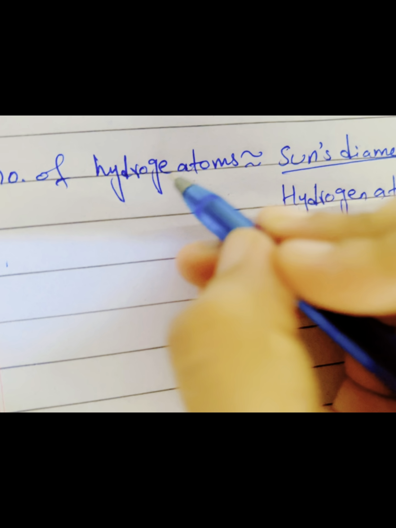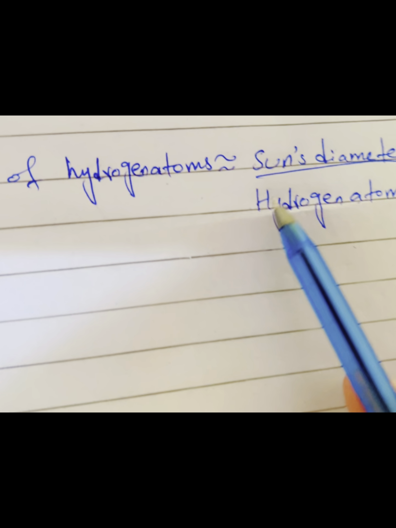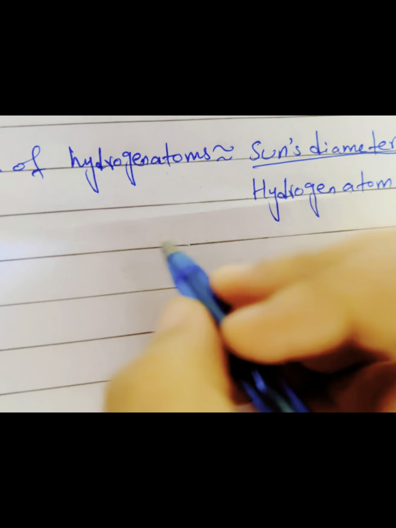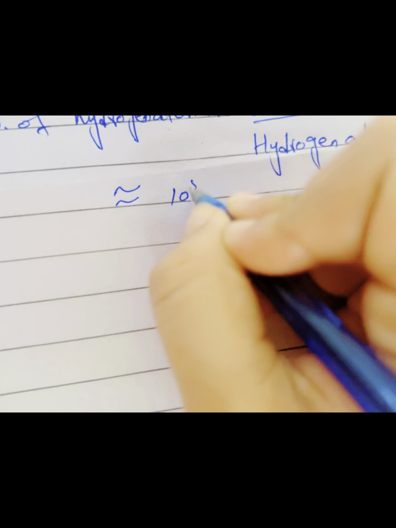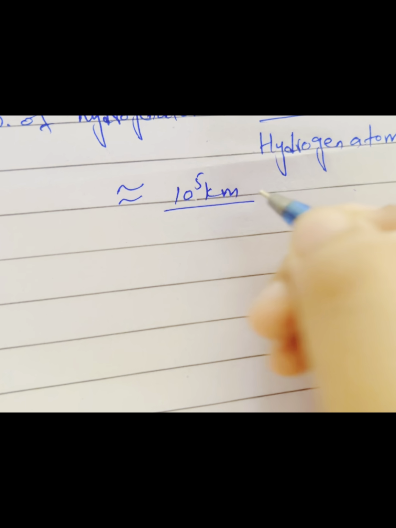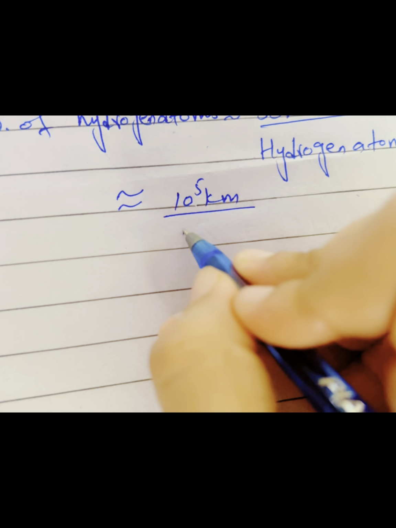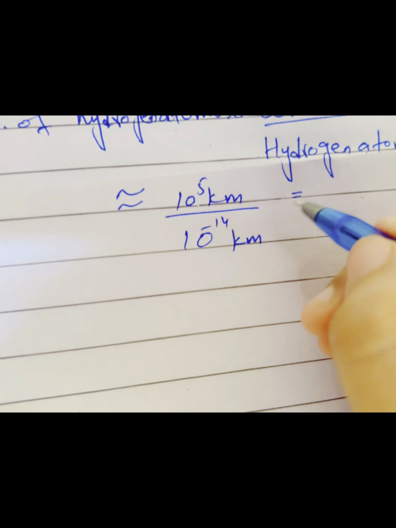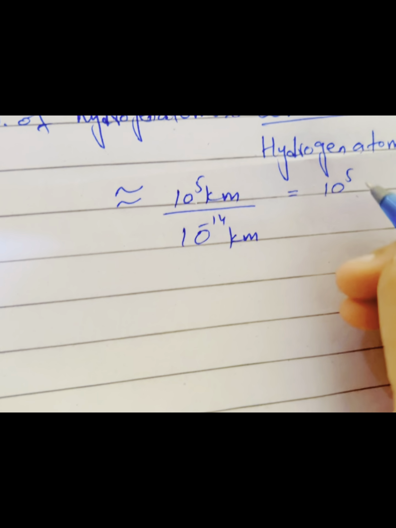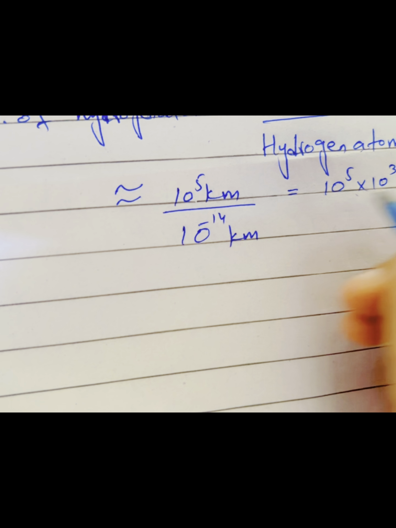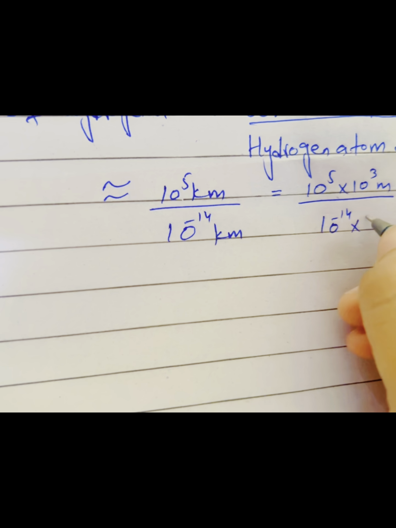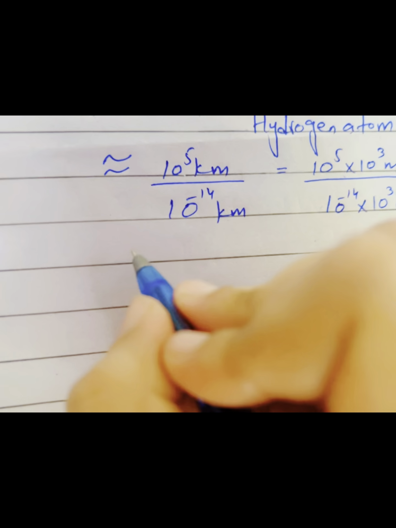Number of hydrogen atoms is approximately equal to the sun's diameter divided by the hydrogen atom diameter. The approximate sun's diameter is 10 raised to power 5 kilometers, divided by, for hydrogen, 10 raised to power minus 14 kilometers, and for kilometers we would use 10 raised to power 3, so 10 raised to power minus 14 multiplied by 10 raised to power 3 meters.